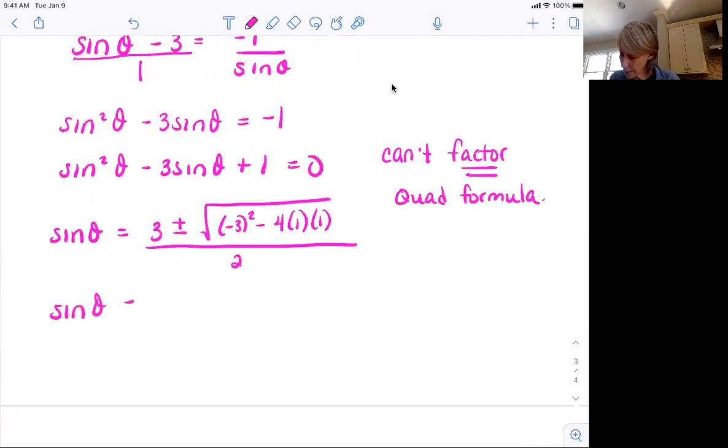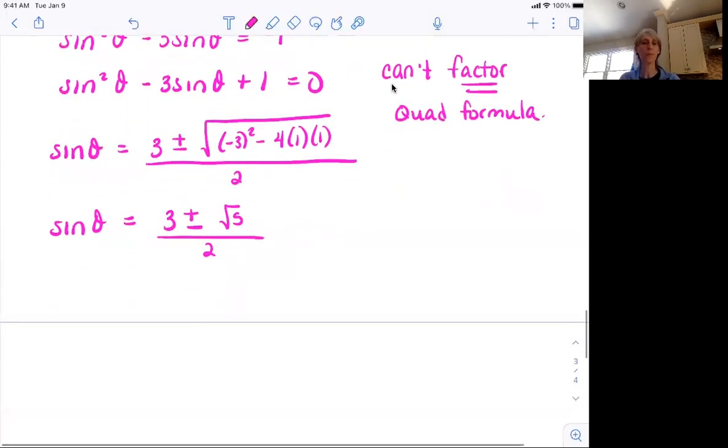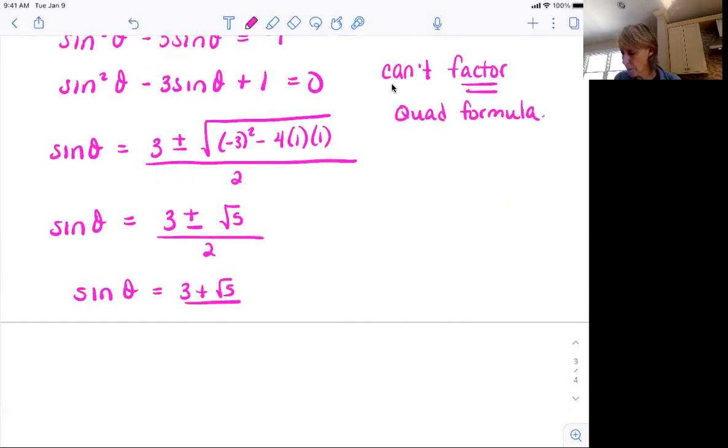So our sine of theta equals 3 plus or minus, this is going to be 9 minus 4, which is the square root of 5, all over 2. This is really two situations here. Sine theta equals 3 plus radical 5 over 2, and sine theta equals 3 minus radical 5 over 2.